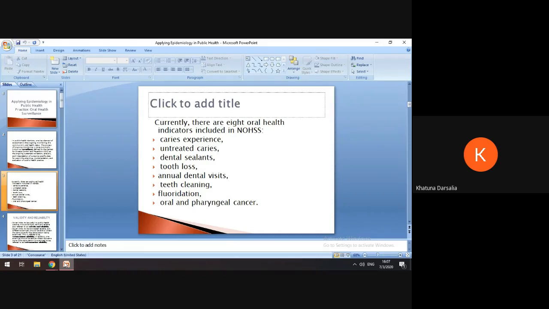Today, we present the standard methods for measuring dental caries, periodontal disease, dental fluorosis, treatment urgency, and tooth loss, and also other oral conditions in populations. The purpose of these measures is to describe the oral health of the community rather than the individual.